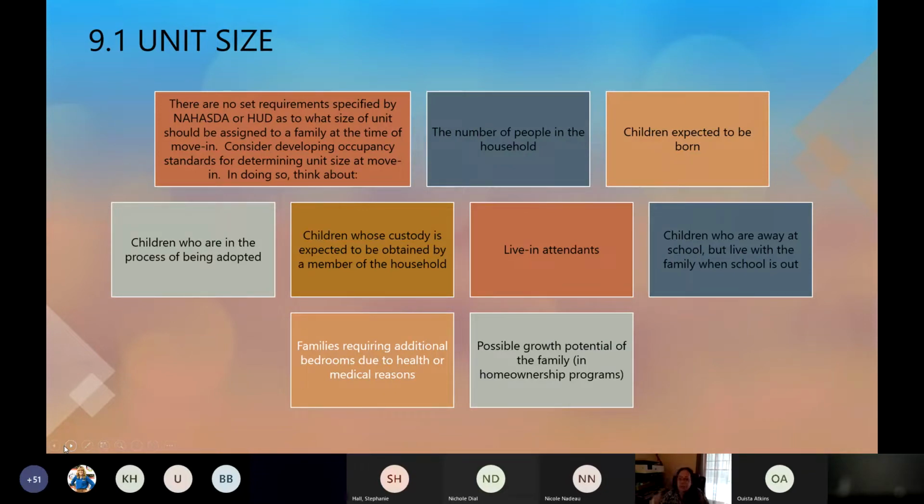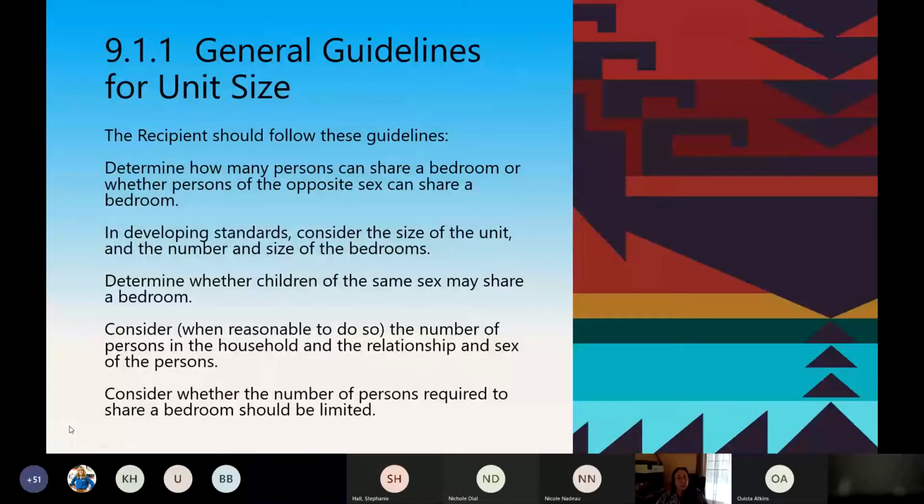In doing so, think about the number of people in the household, children expected to be born, children who are in the process of being adopted, children whose custody is expected to be obtained by a member of the household, live-in attendants, children who are away at school but live with the family when school is out, families requiring additional bedrooms due to health or medical conditions, possible growth potential of the family in a homeownership program, or somebody who has notoriously been a foster parent for your tribe for years.